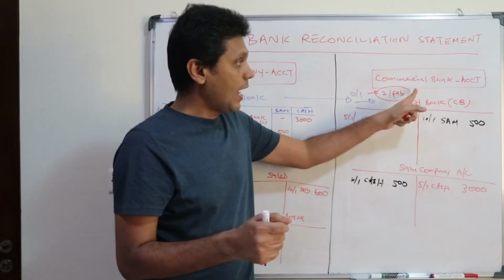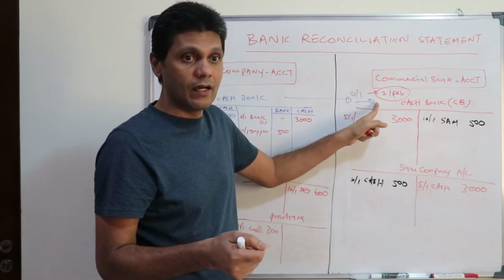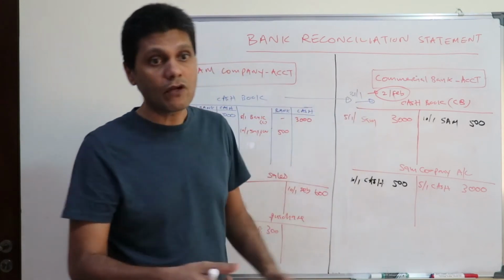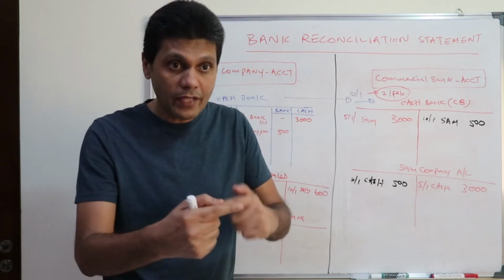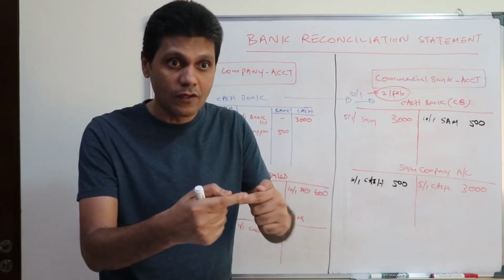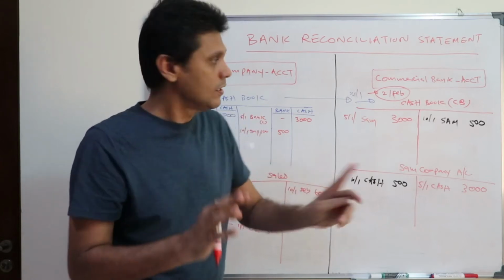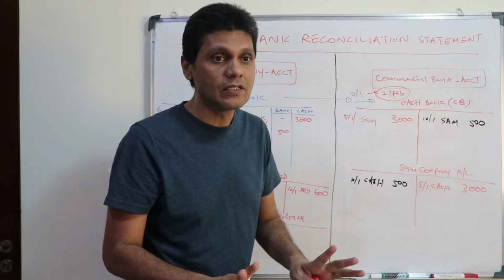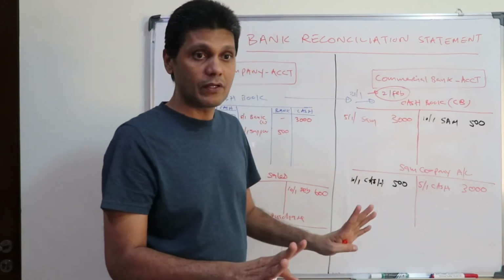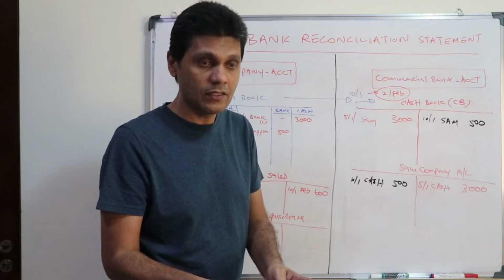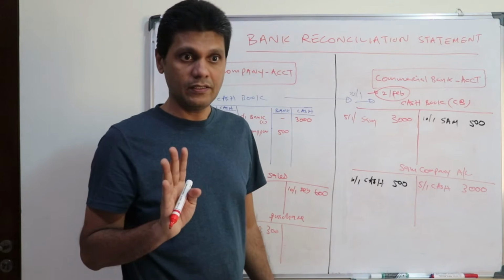Why? A commercial bank has to clear the check received by Sam company from a different bank, Citibank. That clearing process will take at least 1 or 2 days. Let's assume it takes 2 days. Then the bank has to wait till 2nd February to record the transaction. So it will not be recorded in the month of January. Is that clear?